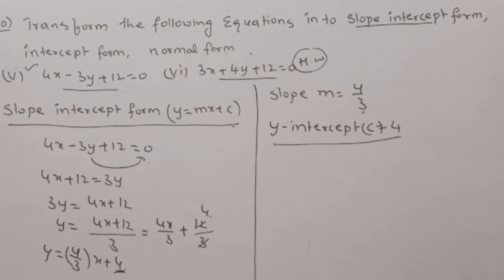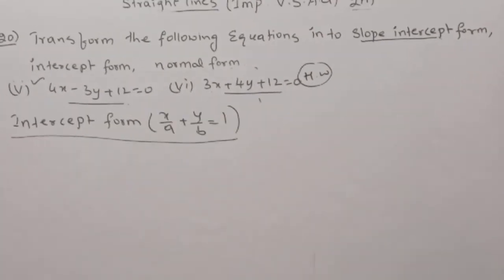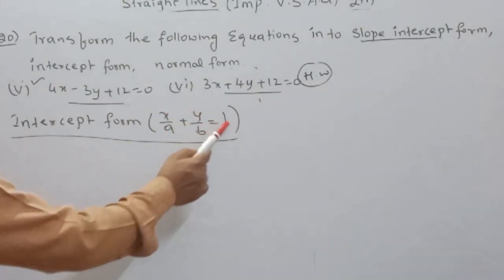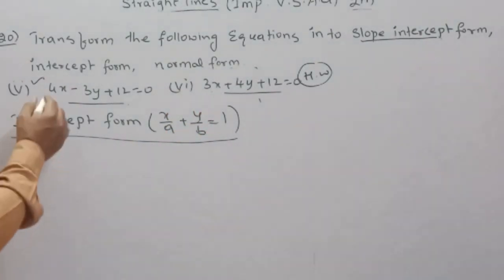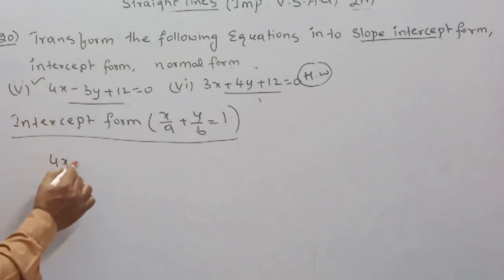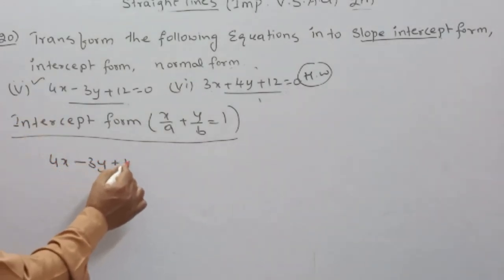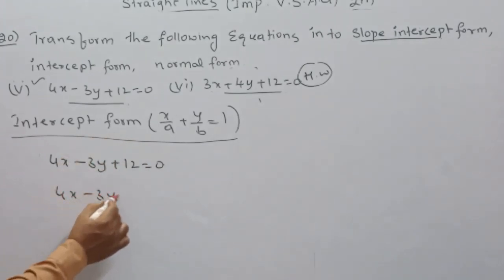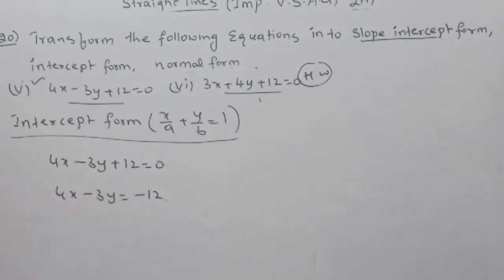Next one, intercept form: x by a plus y by b is equal to 1. So here 4x minus 3y plus 12 equal to 0, so 4x minus 3y is equal to minus 12.